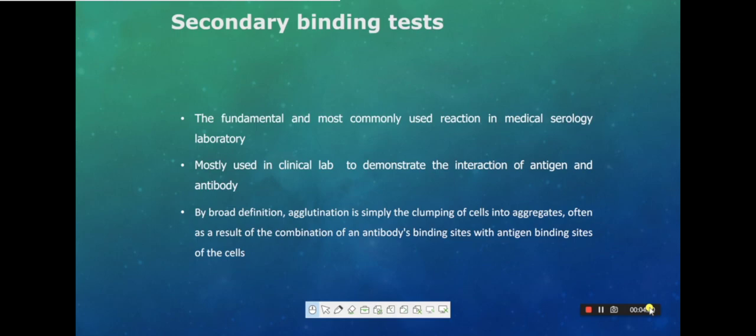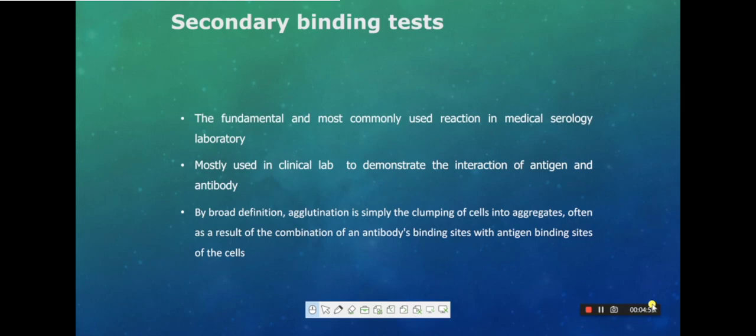Agglutination is the visible clumping together of bacteria, cells, or particles by an antigen combining with its specific antibody. The clumps form, and the resulting clumps are referred to as agglutinates, right? It shows cells with surface antigen being agglutinated by the specific antibody.